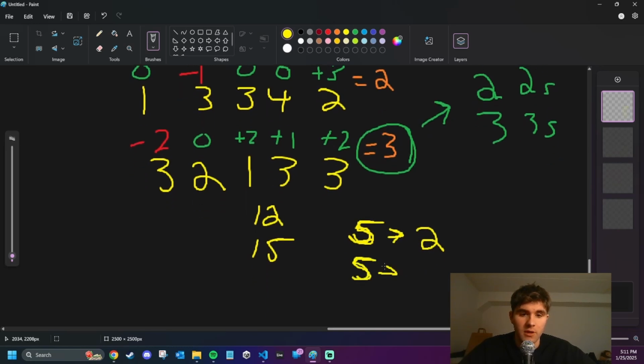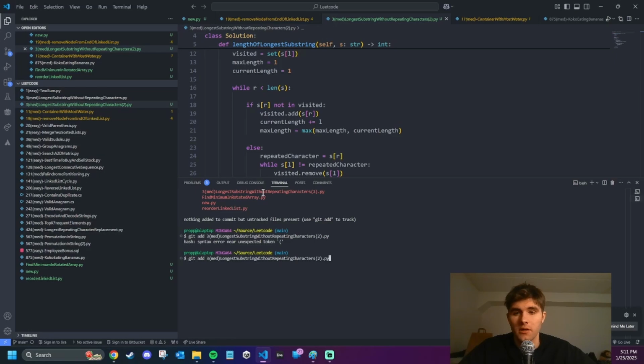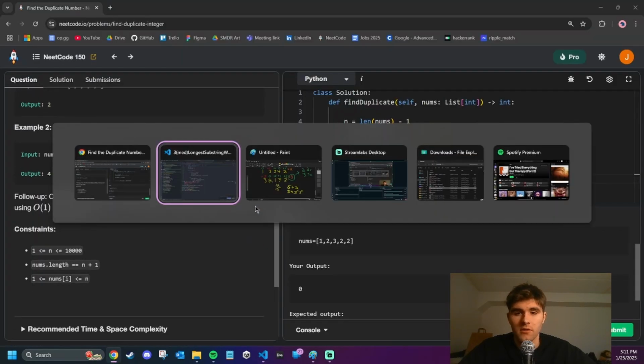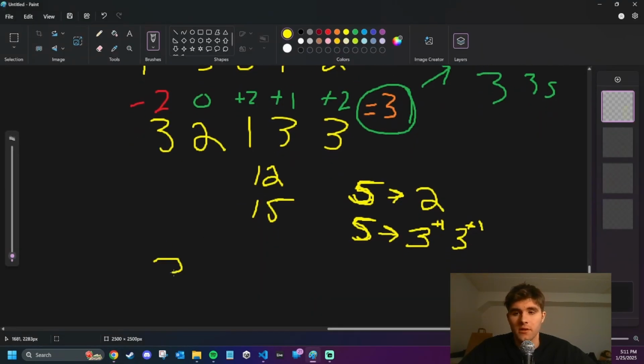Instead of having a 5, to make the difference, we could have a 3 instead of a 2, which would give us +1. And we could have a 3 instead of a 1. Well, no, you don't need a 1, because you could have like 3, 3, 3, 4, 4, right?